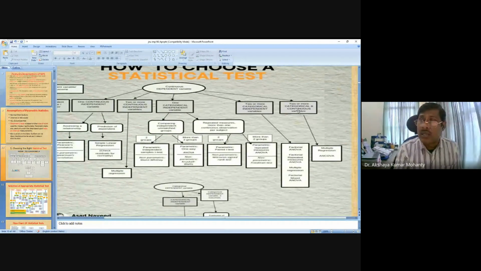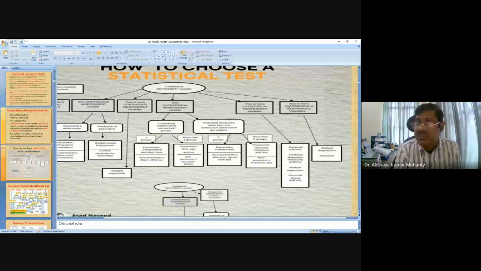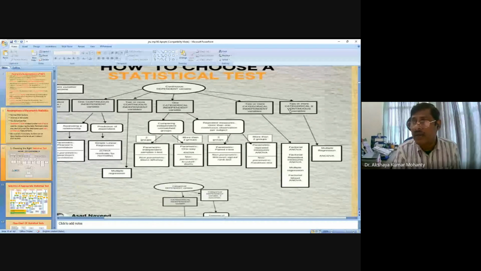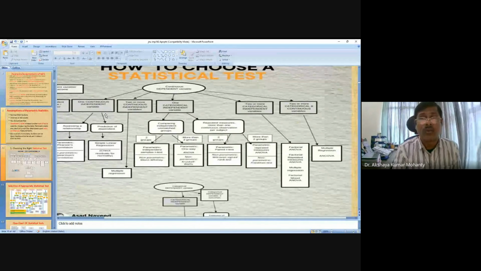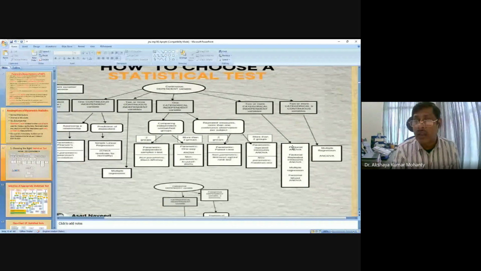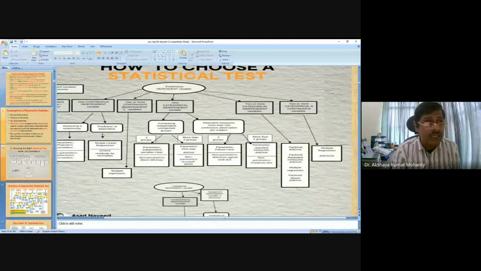That means here at least 3 independent variables are there, 2 independent variables in categorical form, and one independent variable in continuous form, isn't it? So what we have seen here, one continuous independent variable. So if this type of a mixture will be there, then either of these tools you can use.